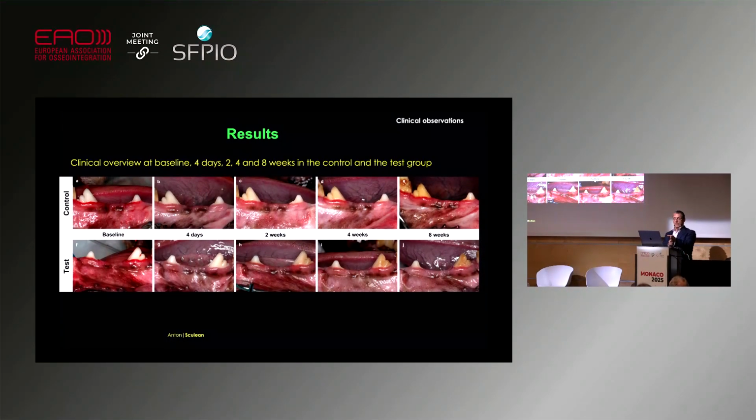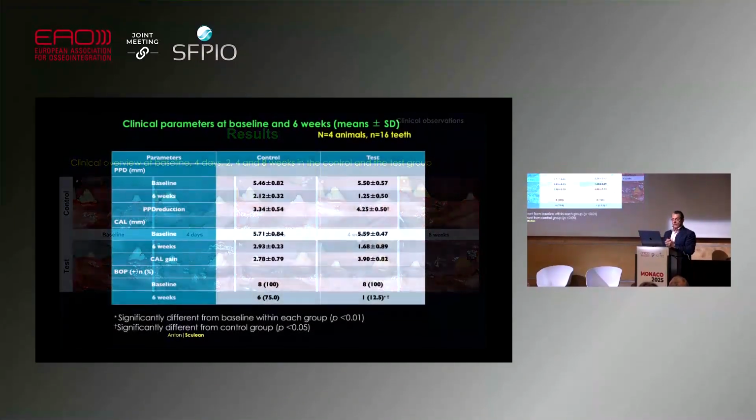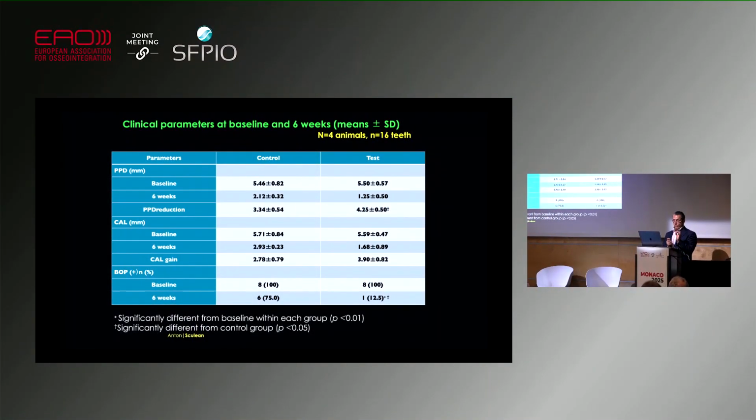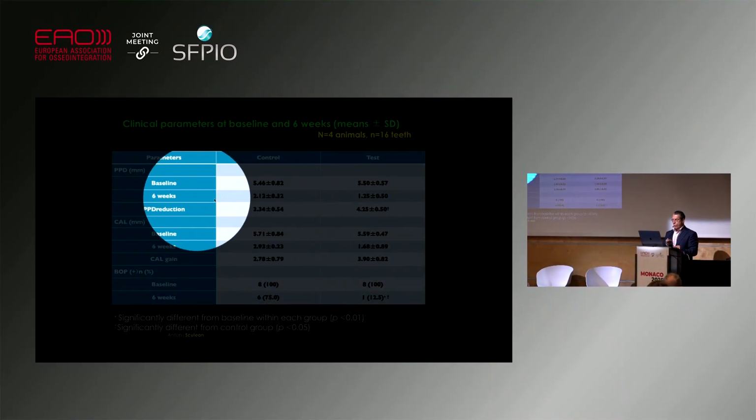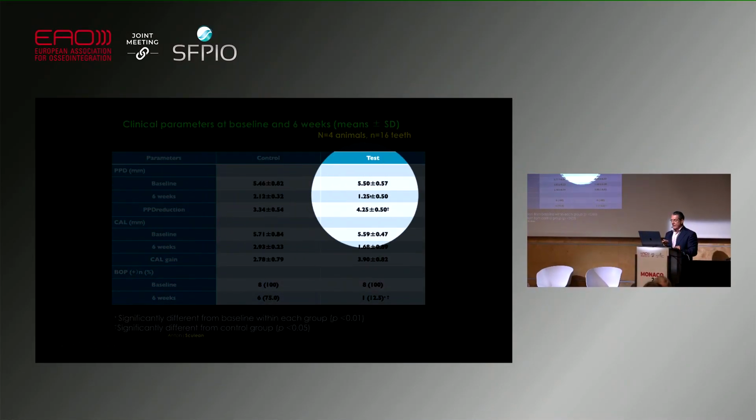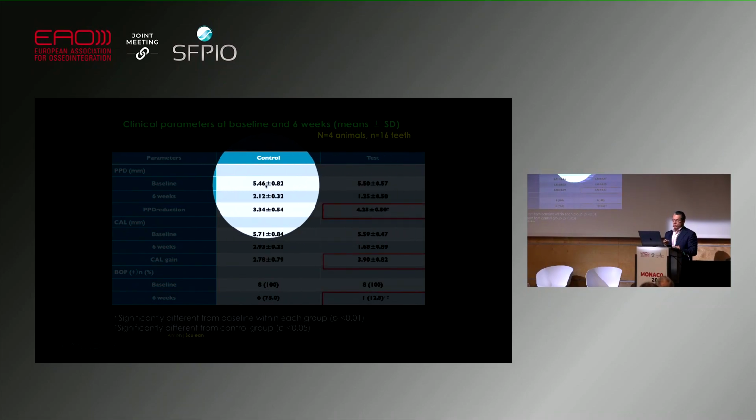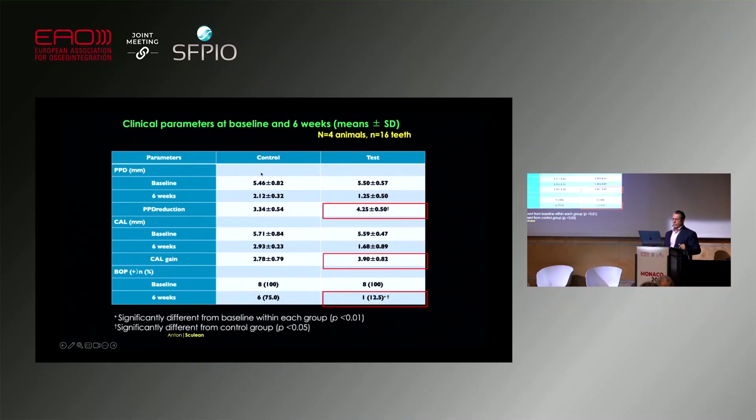We monitored the healing at 4 days, at 2 weeks, at 4 weeks, at 8 weeks. And we looked at the clinical parameters. And this is quite interesting. So when we look at the baseline, the probing depth between the control and test was no different. It's roughly 5.5 millimeters.